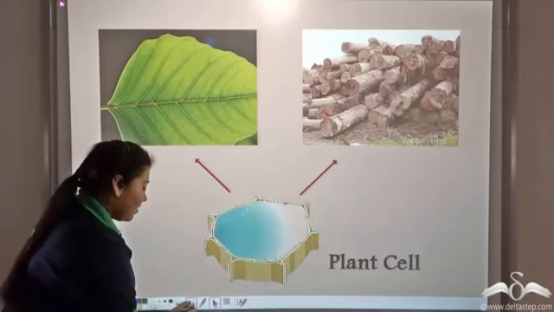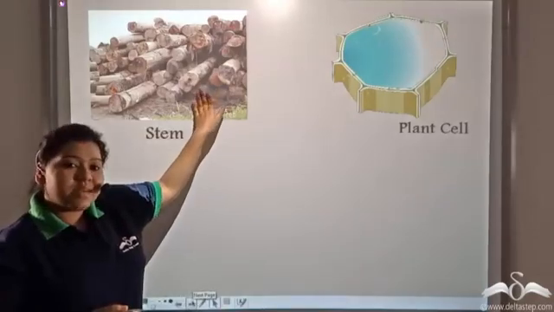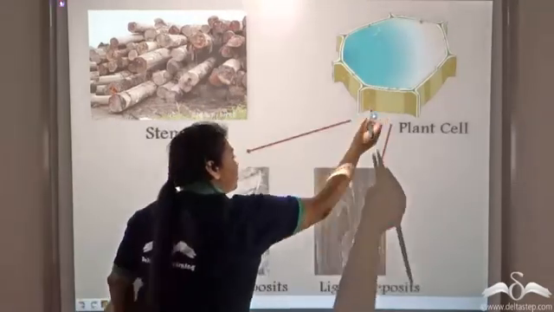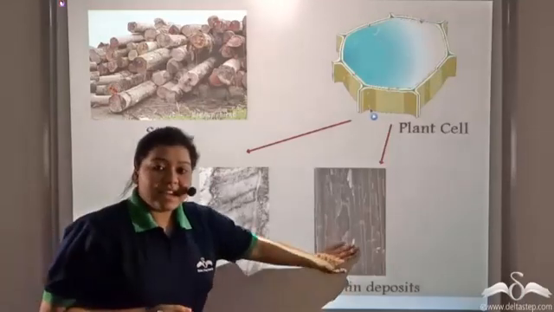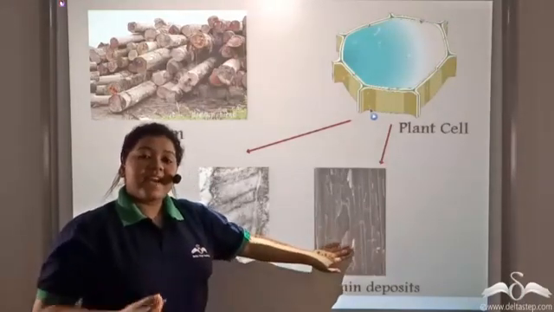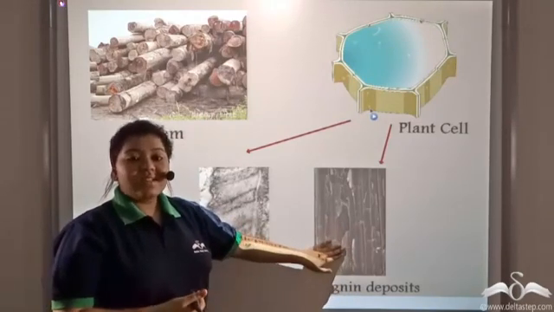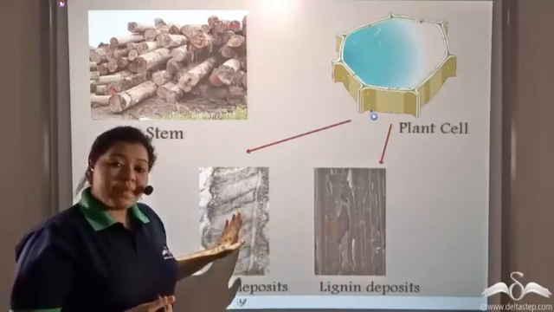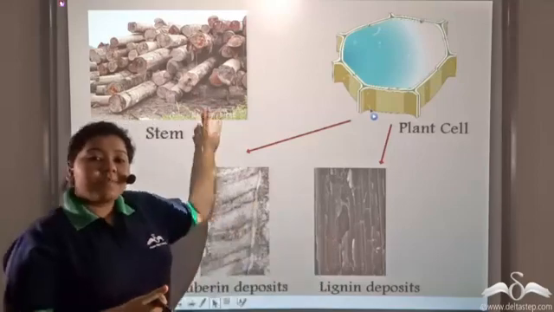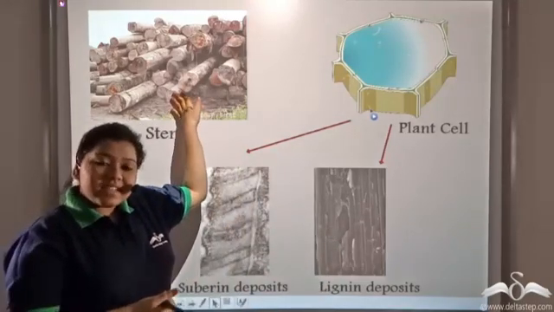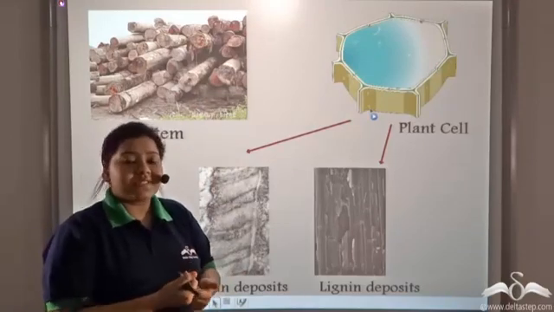Well, that is because the plant cells that are present in the stem have an additional deposition of suberin or lignin, that gives this extra toughness and rigidity. This additional deposition of suberin and lignin is not present in the plant cells that are present in the leaves, and that is why leaves are soft and flexible, and you can fold the leaves.